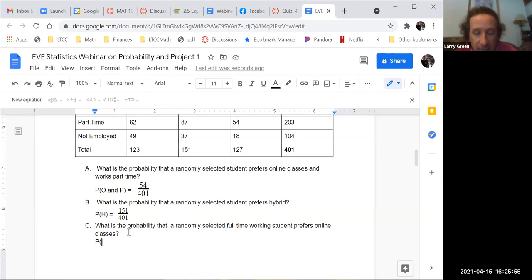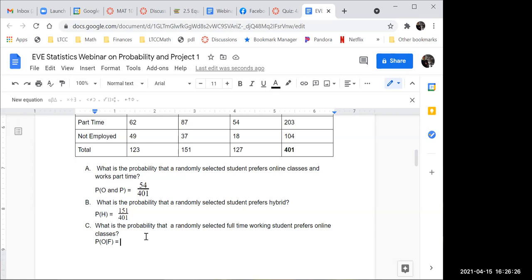Yeah, that's a given, because remember that we're looking at only full-time working students. We're already told they're a full-time working student, and now we're asked to see, did we get lucky and find one that prefers online? So it's going to be online, or O, given full-time. Let's call it F for full-time. Any questions on that?